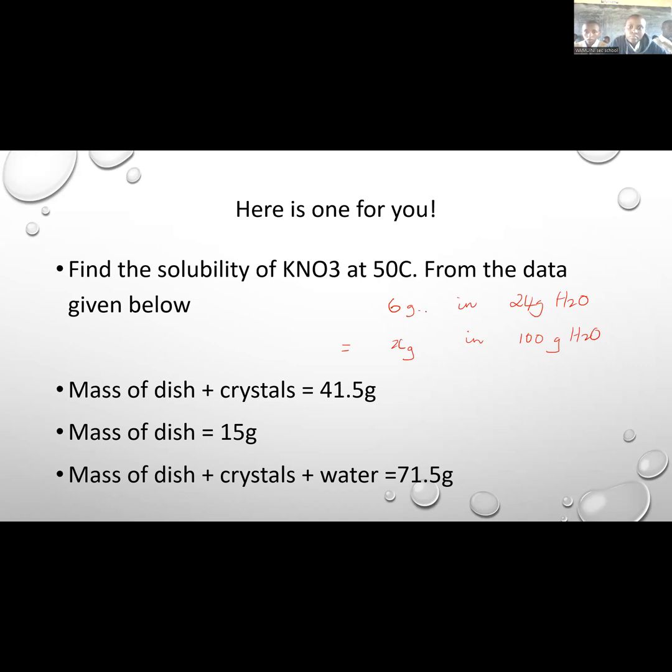Then I cross multiply these. So I get 24x equals 600. So x is 600 divided by 24. And that's how I do it. Okay, that's how I work out the whole thing.